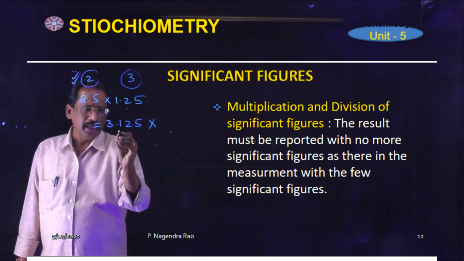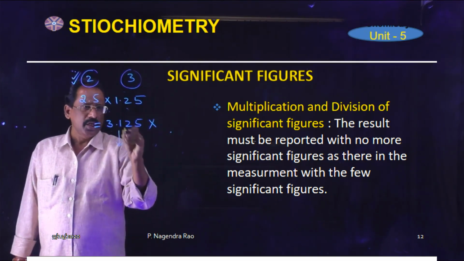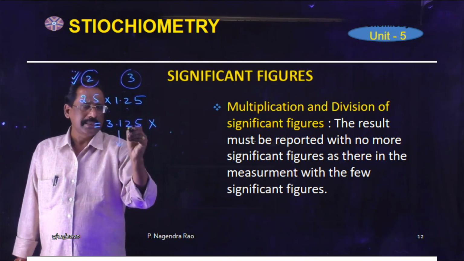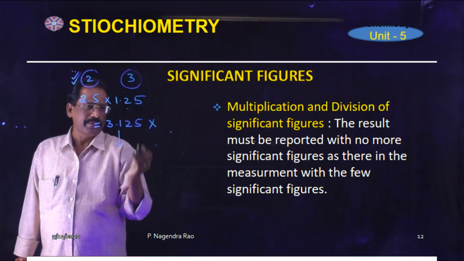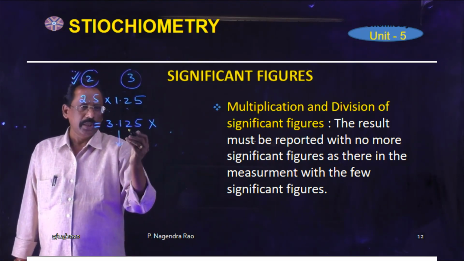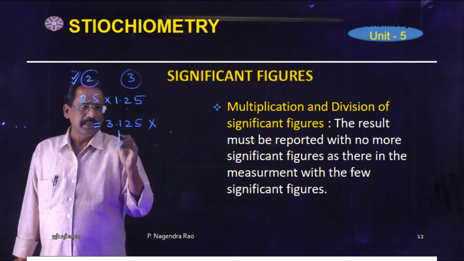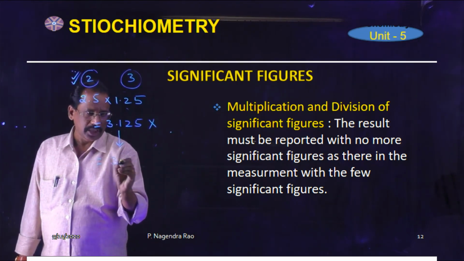That's why apply the round off rules. Here, if you want to remove the last digit, it is exactly equal to 5. So apply the rule. If the last digit is exactly equal to 5 and the preceding number is an even number, there is no change in that value.